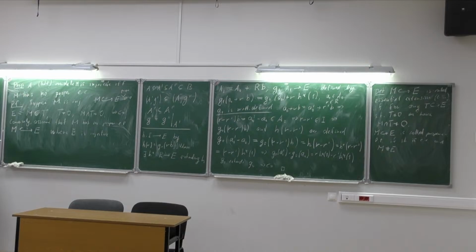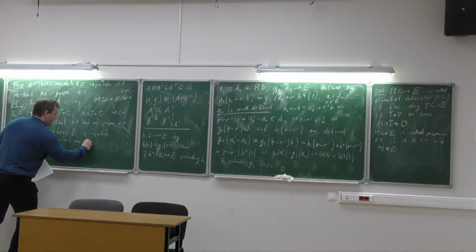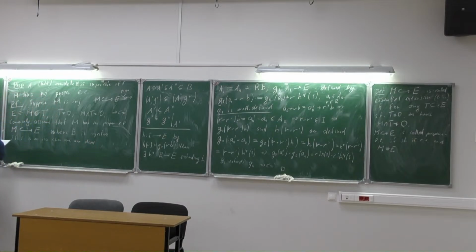Okay, so let's embed this into injective. Now, if this embedding I is an isomorphism, then we're done. Right, so if this is an isomorphism, M is injective.